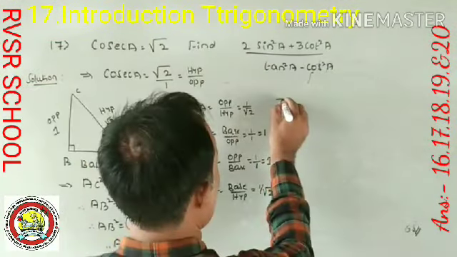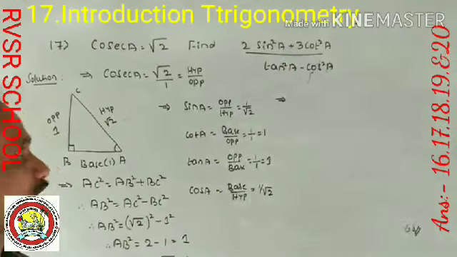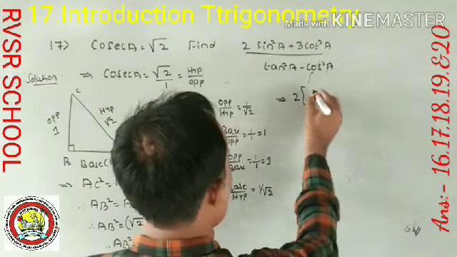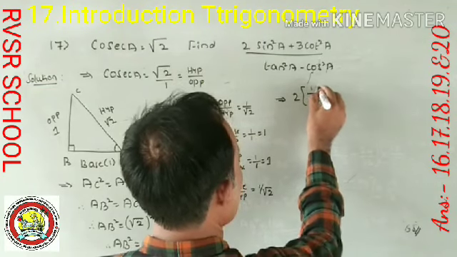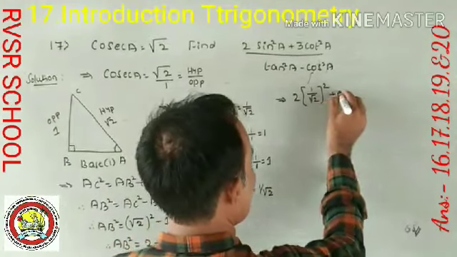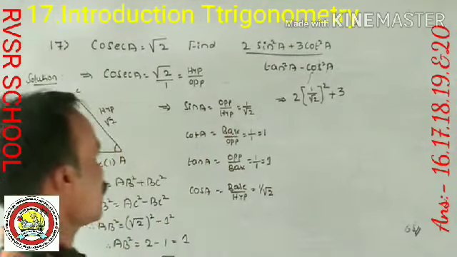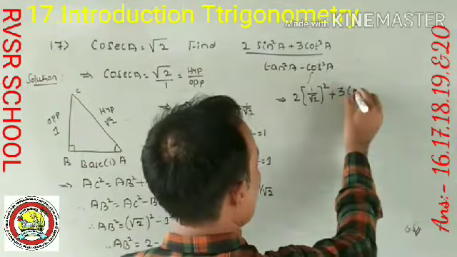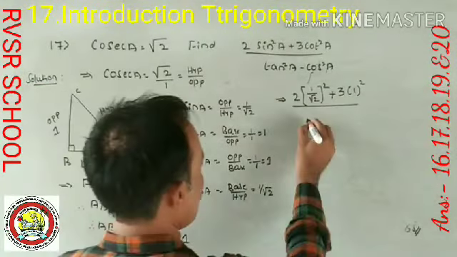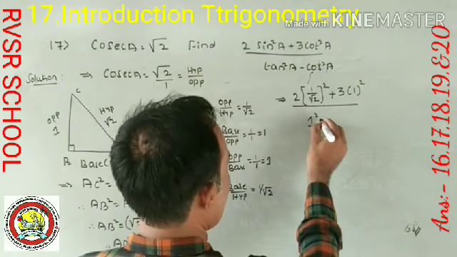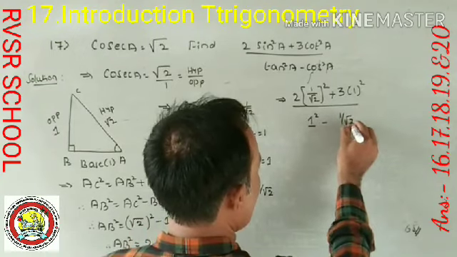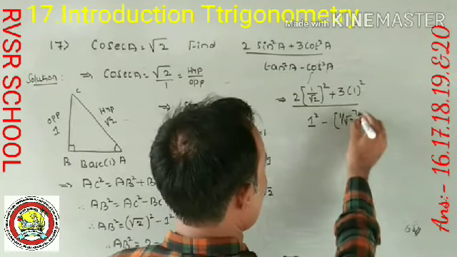Next, replace all the values here. Directly I will replace the values. 2 sin square A, 1 divided by root 2 whole square, plus 3 cot square A, cot is 1, 1 square, divided by tan square A, that is 1 square, minus cos, that is 1 by root 2, whole square.